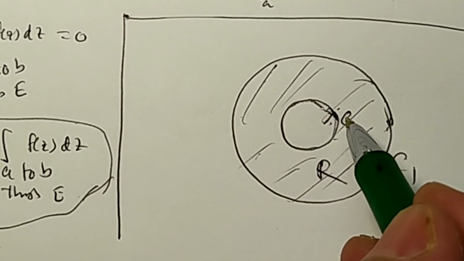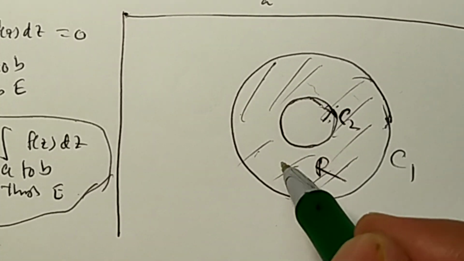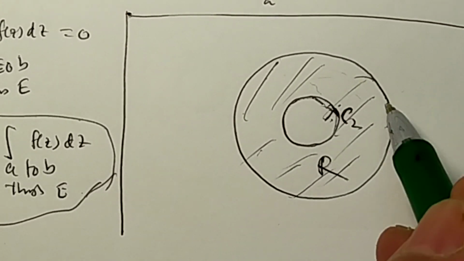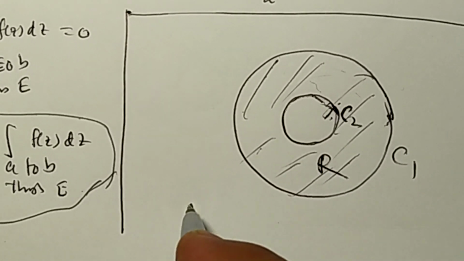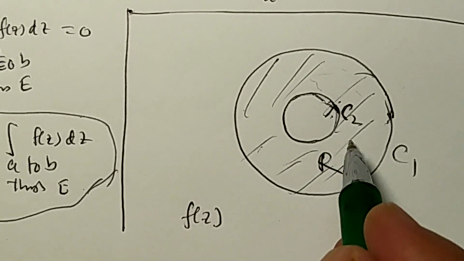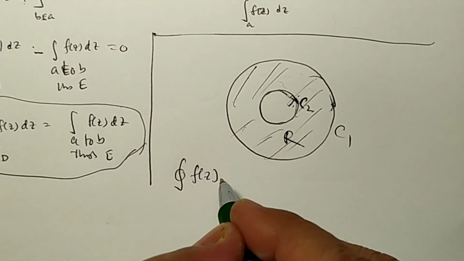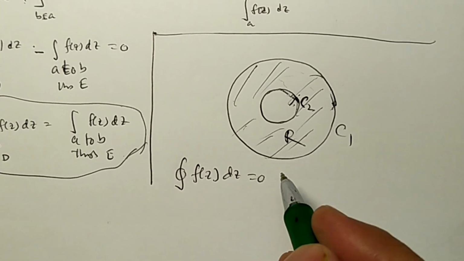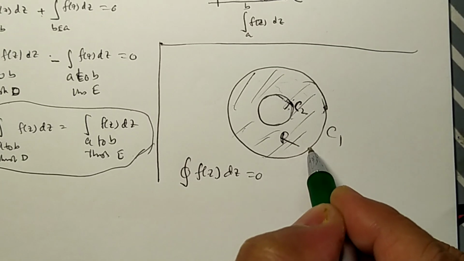So this is a multiply connected region, and this analytic region is bounded by C1 and C2. Therefore, for a function f of z which is analytic in this region, if you perform an integration over the closed loop, dz, that should be equal to 0. Now what is the closed loop? Suppose I start from here.